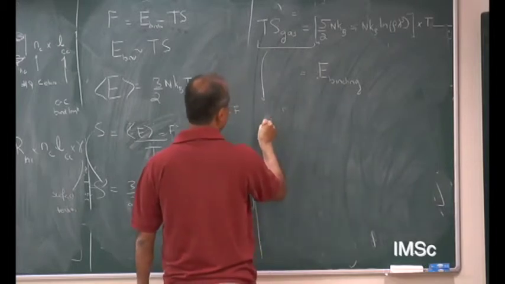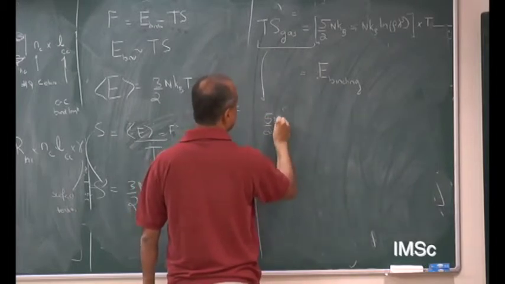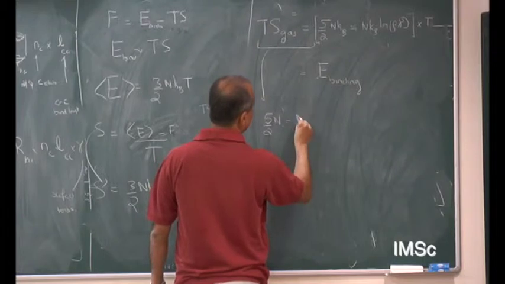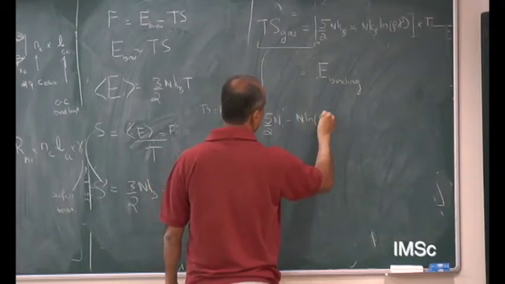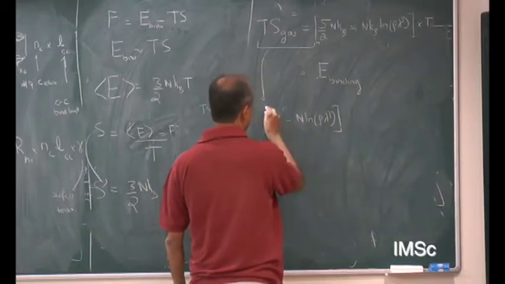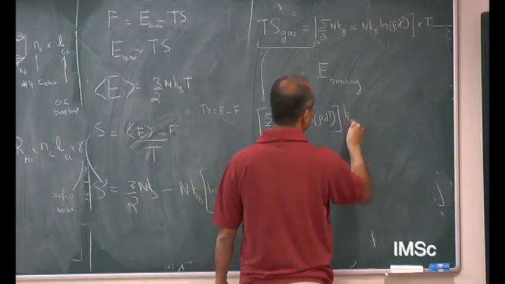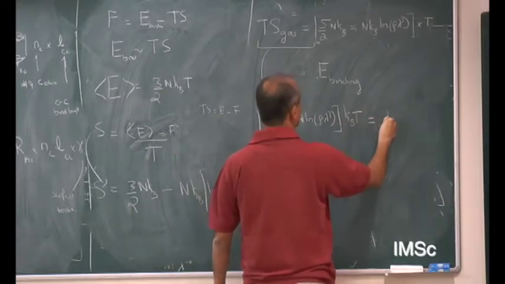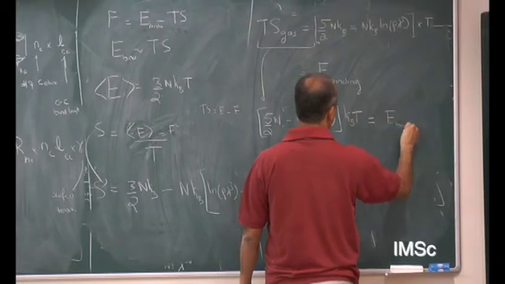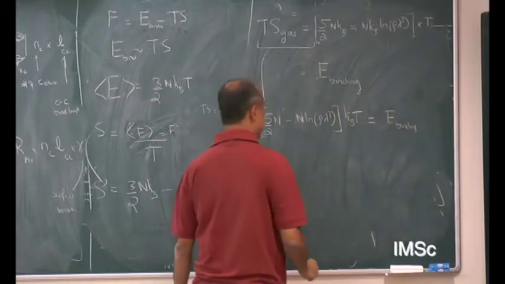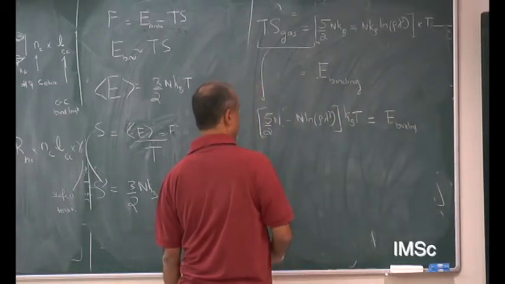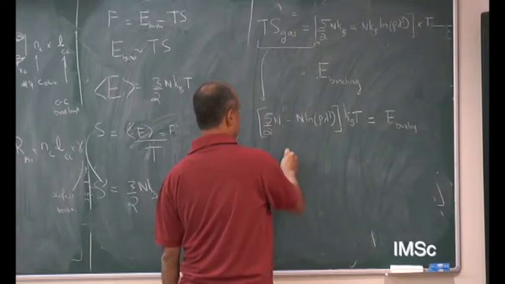This becomes 5 by 2 n minus n log rho lambda cubed times kBT equal to E binding.